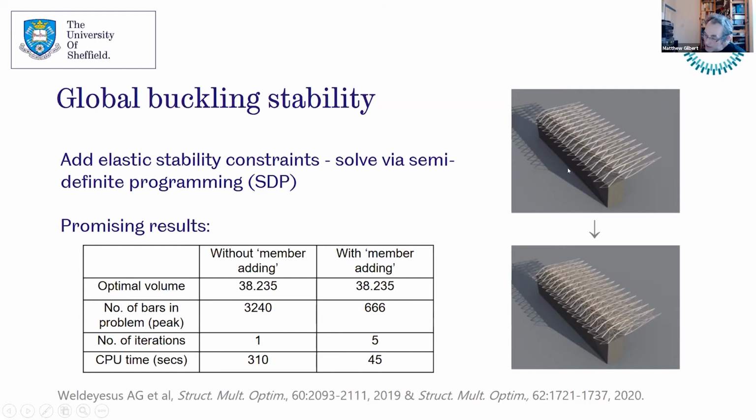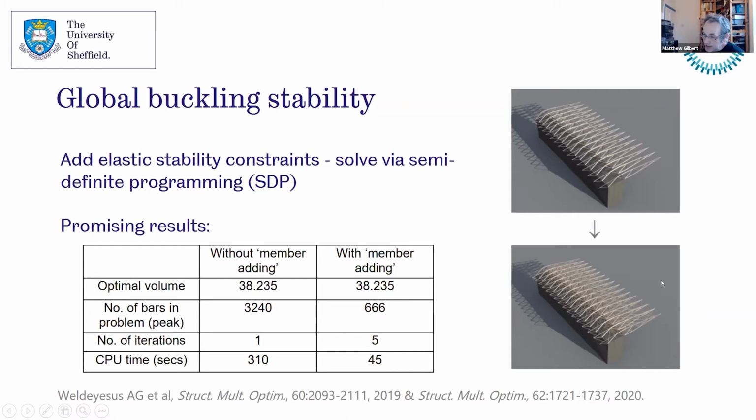An example you can see on screen now, perhaps not super clear, but we've got design for a grandstand roof, and at the top we've got a series of planar trusses with no connections between them. Now, there's a danger that those could become globally unstable, or they could buckle.